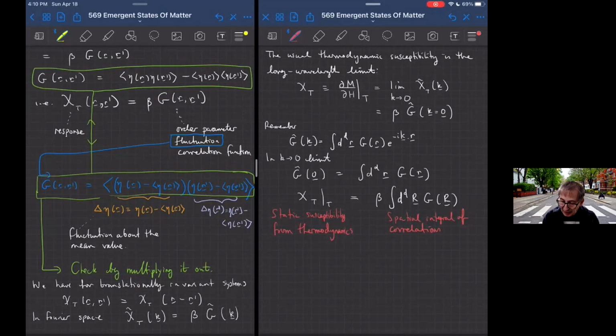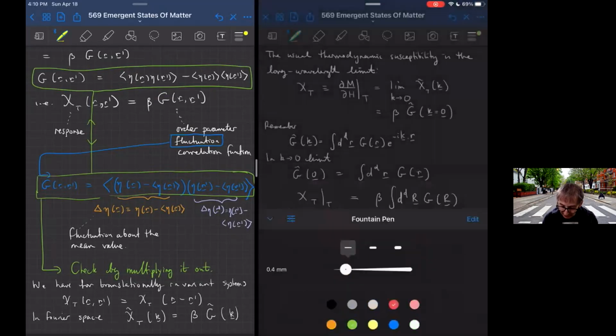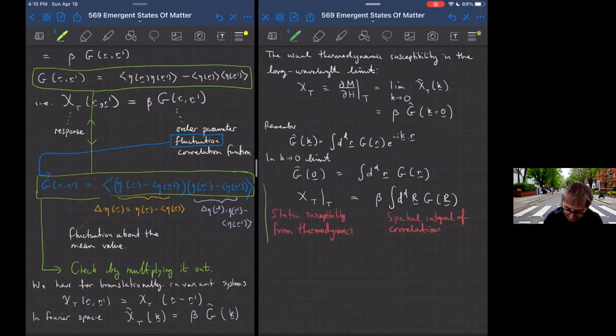This relation is a very important relation because it connects thermodynamics and correlations in a very general way, and it's an exact result.